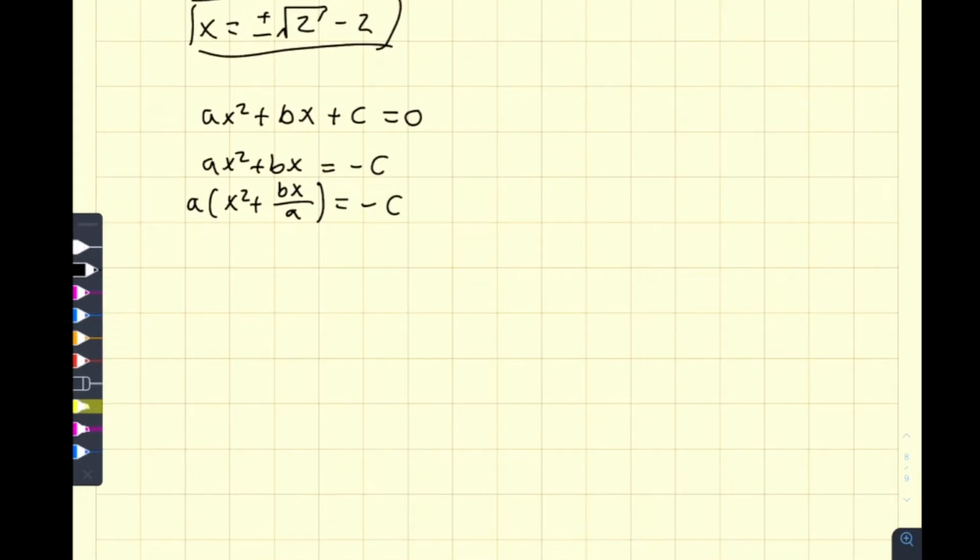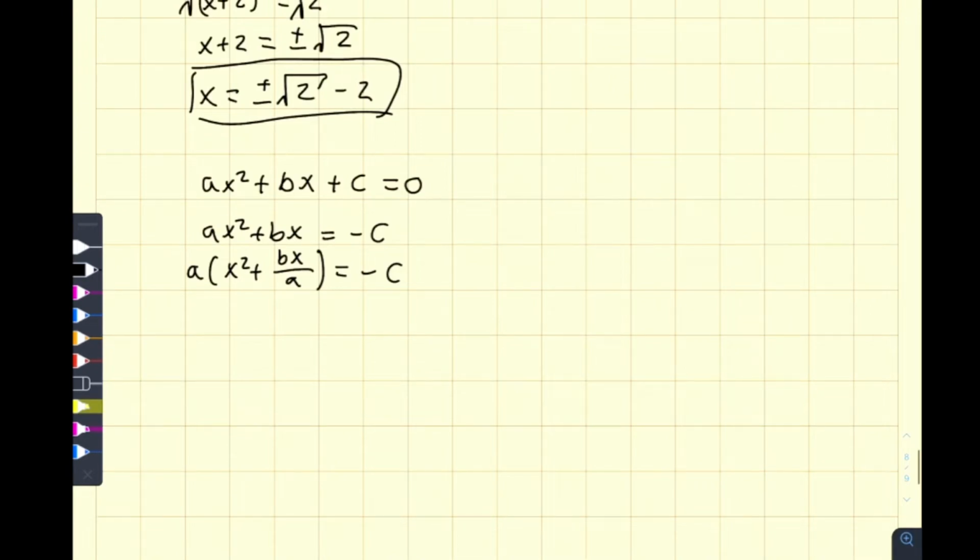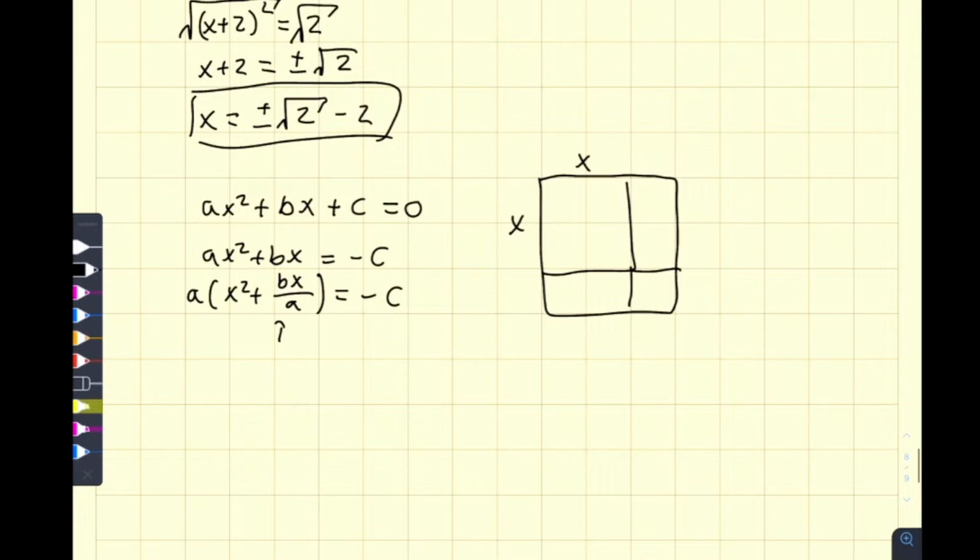Now we can start doing the square method. So now let's draw our square with one big square and one small square. This will be x, this will be x, and this will be half of the coefficient of the x. In this case, it would be b over 2a.